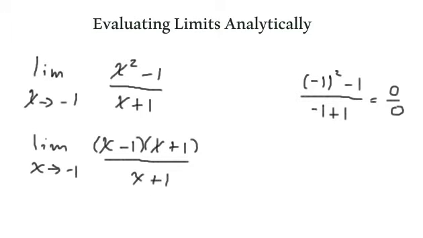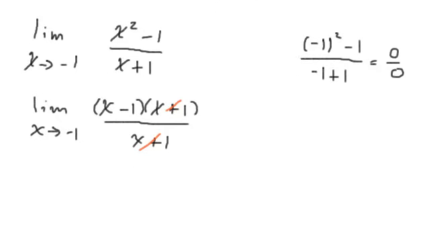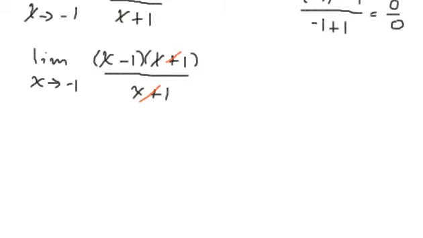So as you can see here, we're going to be able to cancel out. We have an x plus 1 in the numerator and x plus 1 in the denominator, and so we can cancel that out and get a new function. So we get the limit as x approaches -1 of x minus 1, so we have a new function.